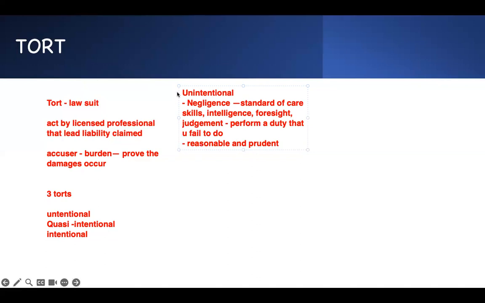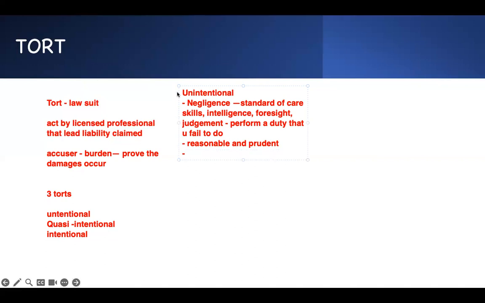What is a reasonable and prudent individual? It means the individual has the same intelligence, foresight, judgment, and skills as a nurse. In that situation that happened, they would do something different according to the standard of care. But you failed to do that. When you fail to do that, what has happened is you were negligent in that particular act.